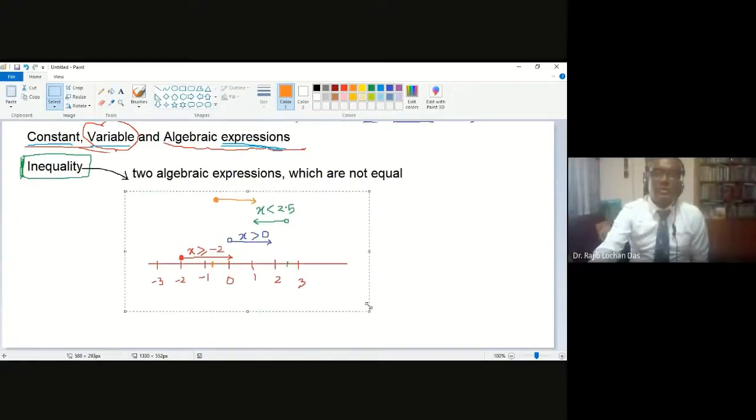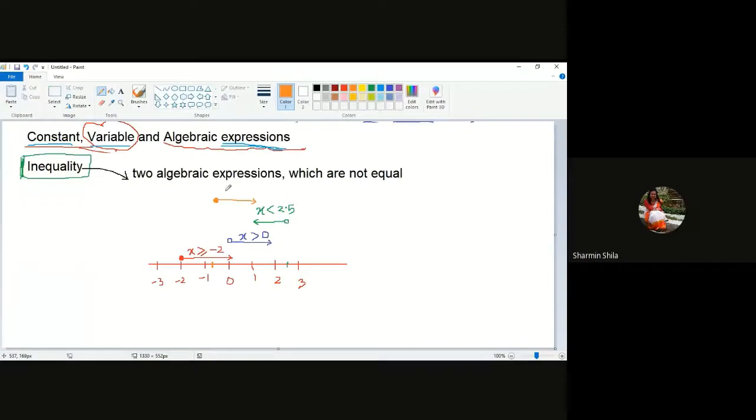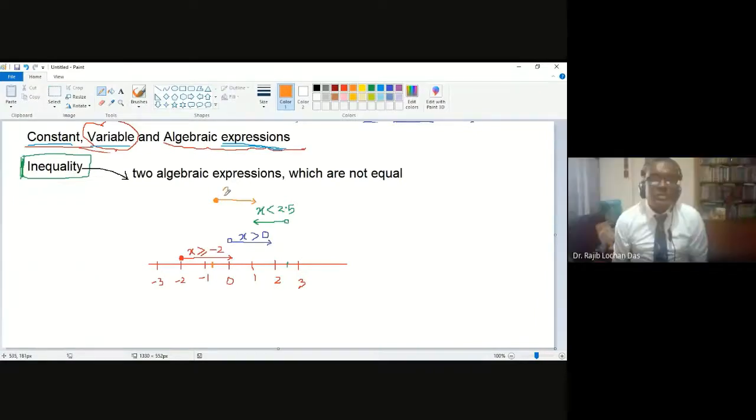Okay, maybe not 0.9, maybe 0.75. So plus or minus? Minus. So x is greater or equal to minus 0.75. So this will be the orange color expression. And that is all. That is the inequality.